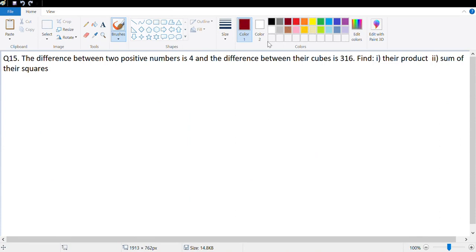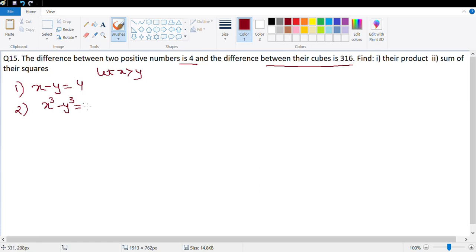That's question number 15. It says the difference between two positive numbers is 4, which means x minus y is equal to 4. And the difference between the cubes is 316. So let x be more than y. What I get is x cube minus y cube is equal to 316. That's the relationship which is given.